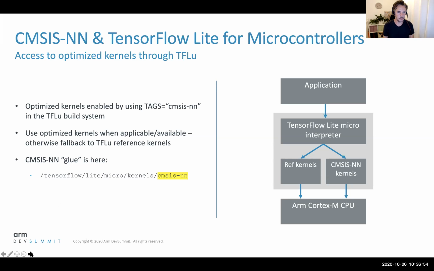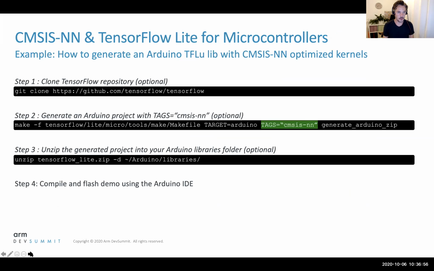Can go to the next slide, please. Okay, so here is an example. If you want to do what you're doing right now, but even more from scratch. In these 4 steps, steps 1, 2, and 3 are optional.